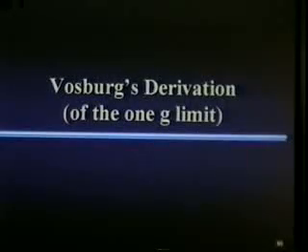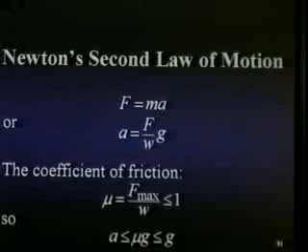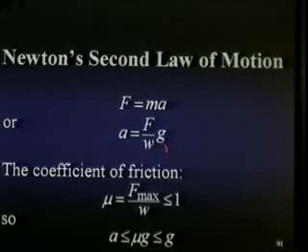Okay, here's Vosberg's derivation of 1g as a limit in acceleration. He pulls on Newton's second law of motion, which is good. It writes F equals ma, solve for acceleration, a equals F over m, and the mass is the weight over g. And basically, the issue here is that the coefficient of static friction, basically the maximum force that you can put forward on the car, i.e., the maximum force that the wheels can use to drive the car forward, is the weight of the car.